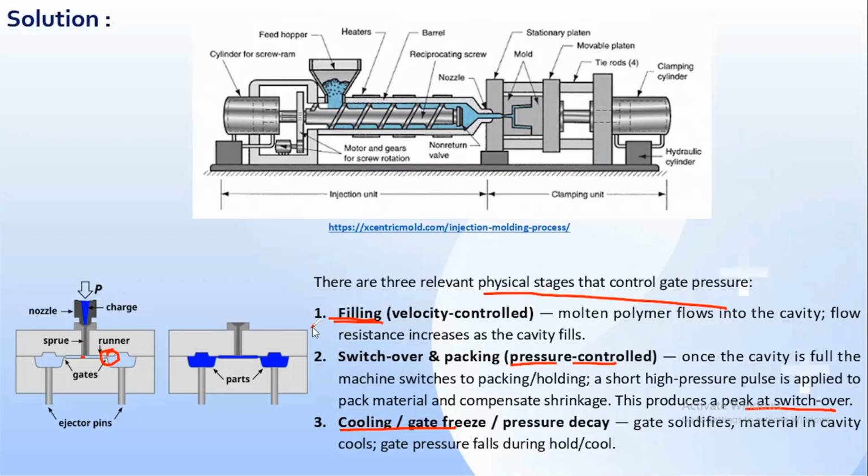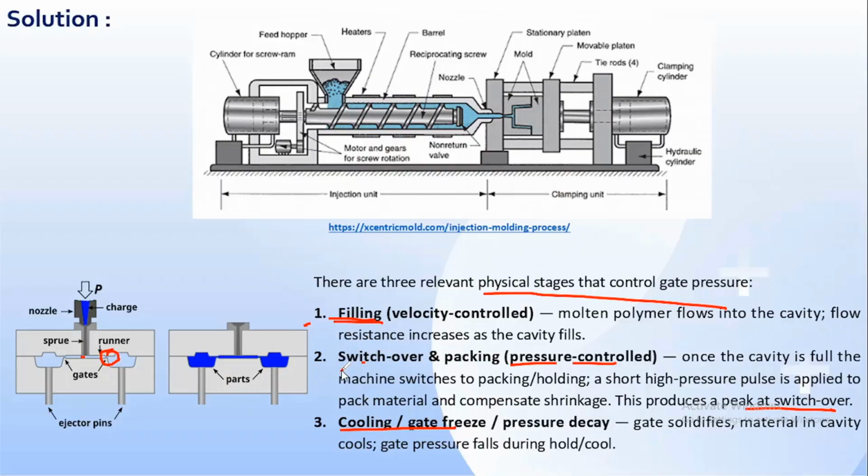If we translate these 3 physical stages into expected gate pressure shape, then during filling, pressure at gate rises, but it does not rise instantly because melt pushes into and fills the cavity. It is viscous polymer, it has some resistance to flow, so that's why this rise in pressure is not instant, it will increase gradually.